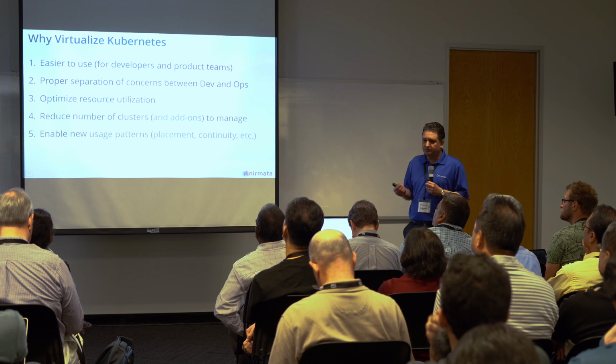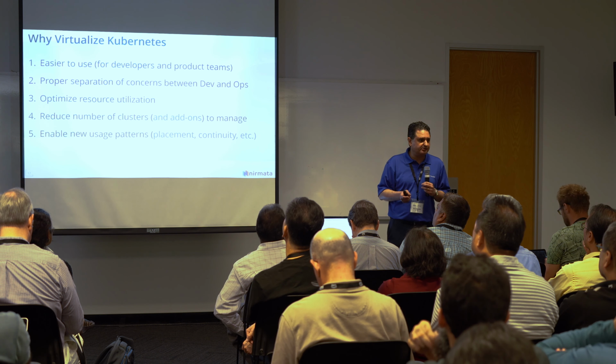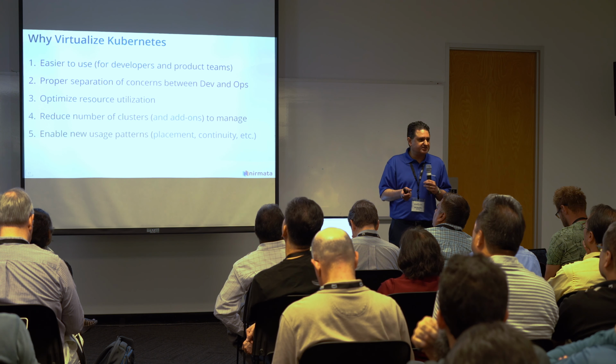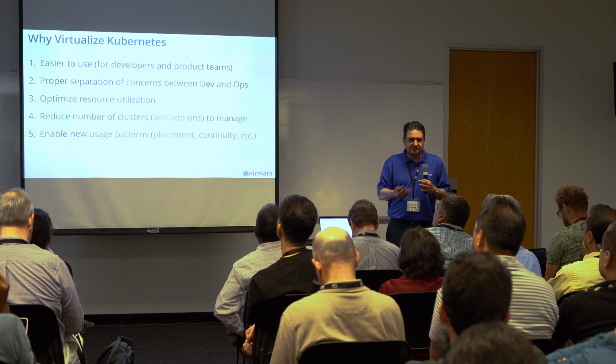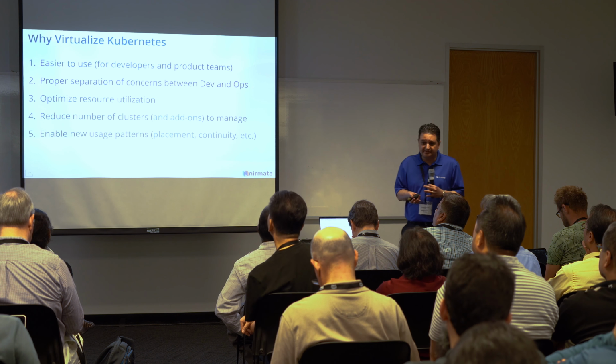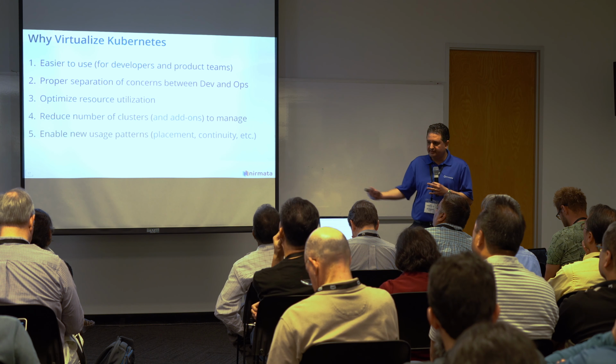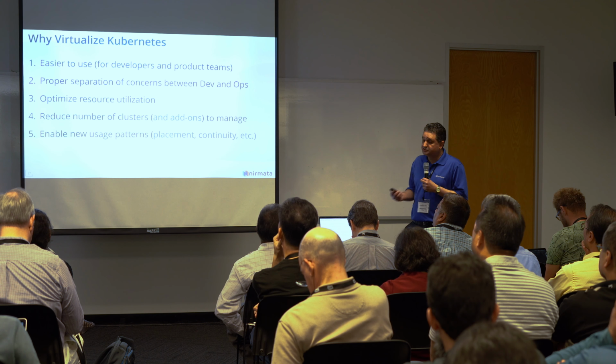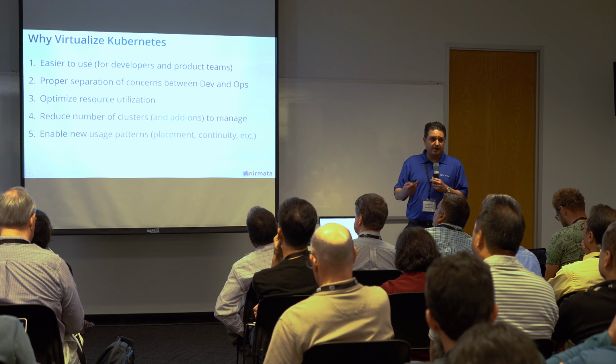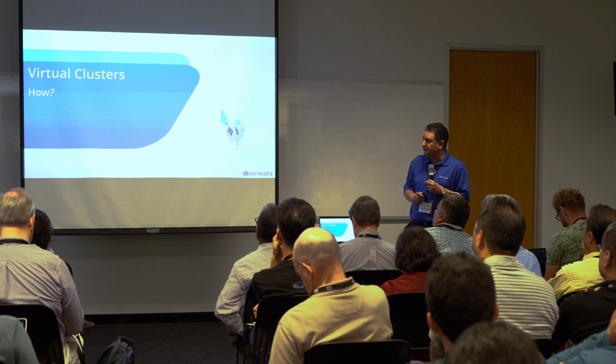Maybe for continuity, you want to automatically clone a namespace, or move things around. But the user of the namespace, the user of that virtual cluster, doesn't really need to know or care how things are done underneath, right? So now you can create these additional layers of abstraction for your end users.